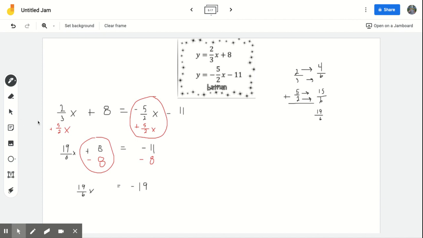All right, so now that I don't have any more addition or subtraction, I'm going to undo this multiplying by 19/6, this part right here. And to do that, it's pretty simple. You just multiply by the reciprocal. That's with fractions. If it's just a whole number, divide by the whole number.